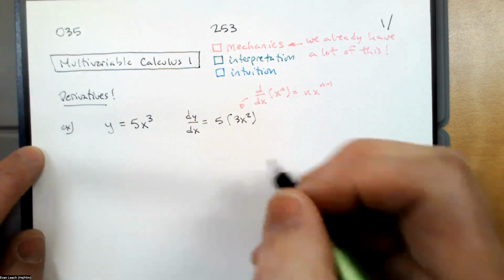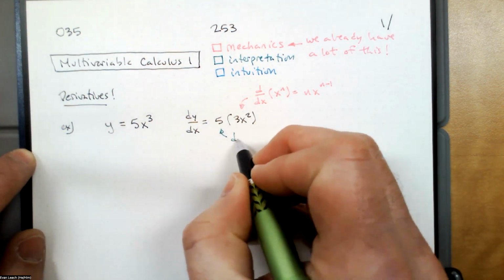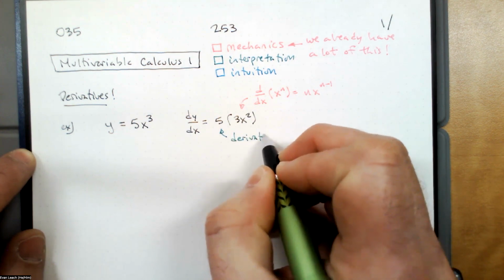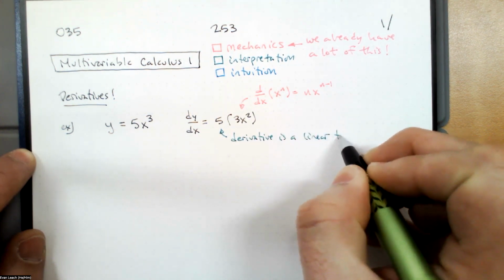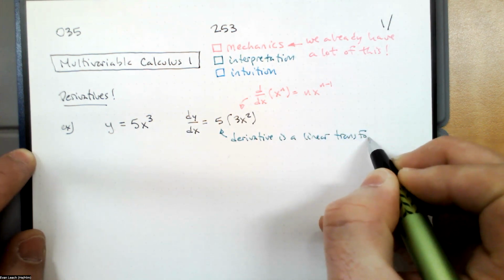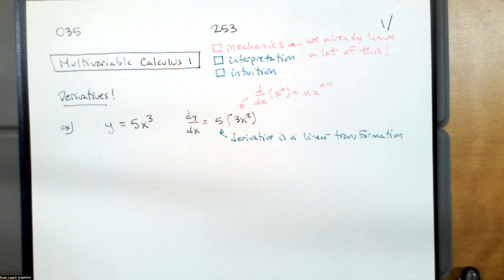So the derivative is a linear operation, a linear transformation, so the derivative respects scalar multiplication.